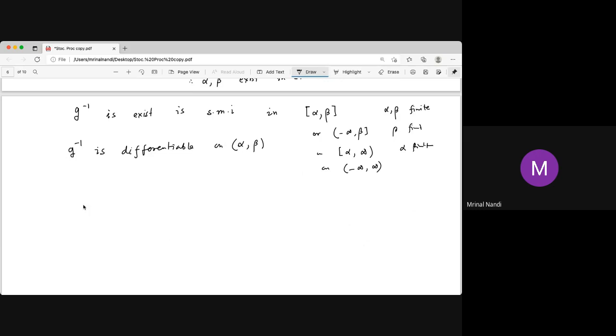The distribution function of Y, for that open interval, is given by the probability of Y less than or equal to y, which is just the probability of X less than or equal to g inverse y.